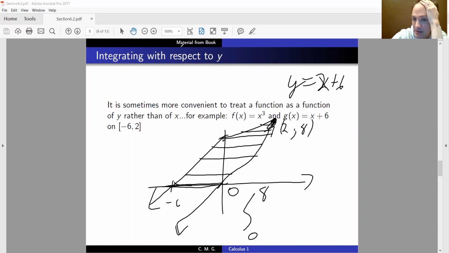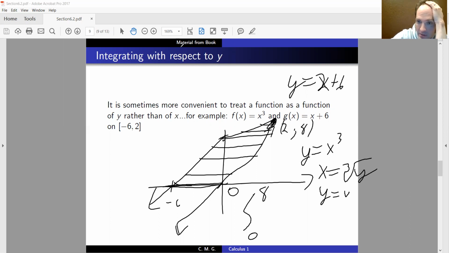Those are y values. I'm going to integrate these two functions, but I want them all in terms of y. So what I need to do is take y equals x cubed and solve for x. So I get x equals the cube root of y. And then for g of x, the same deal. So I have y equals x plus 6, and so then I'm going to get x equals y minus 6.